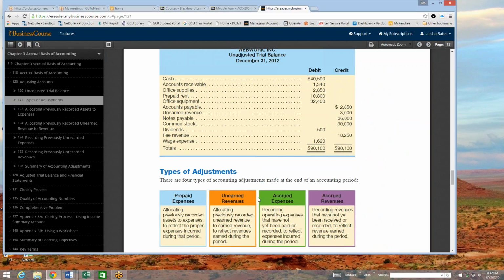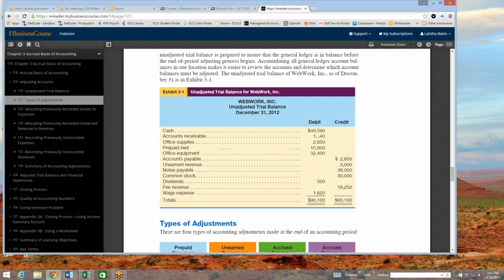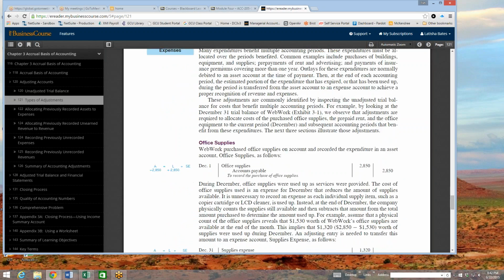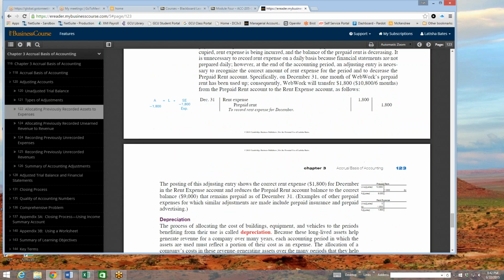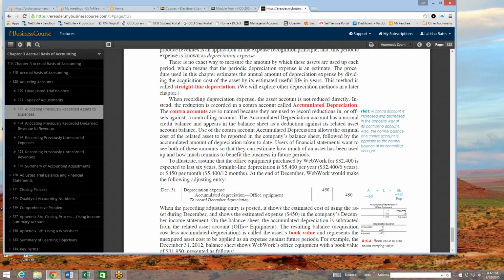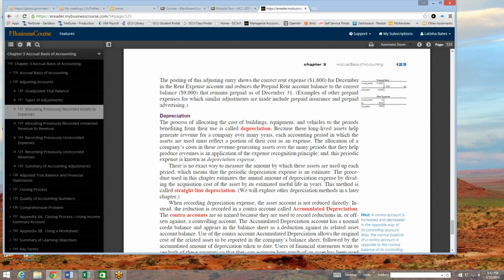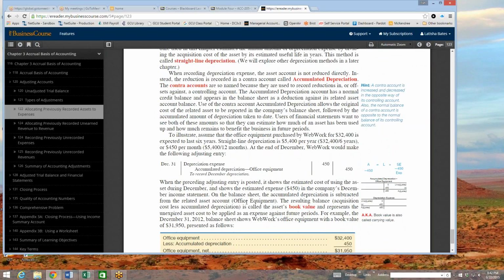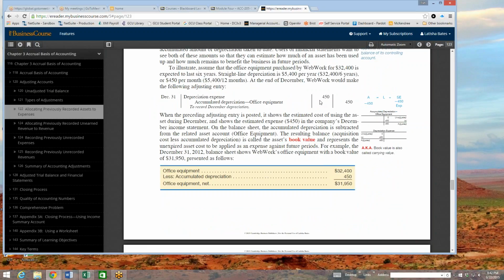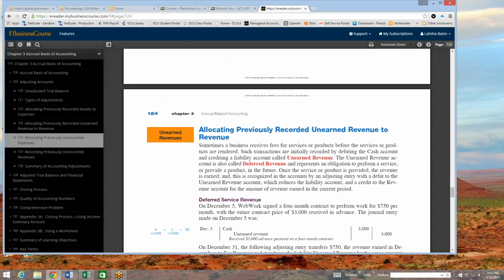You might want to mark where you have an unadjusted trial balance to work from. Definitely mark your depreciation one, because I know that's one that trips some people up. So page 123, make sure you understand the depreciation entries, right?